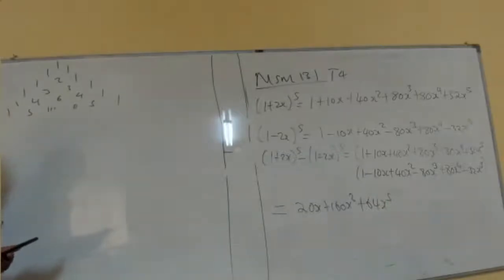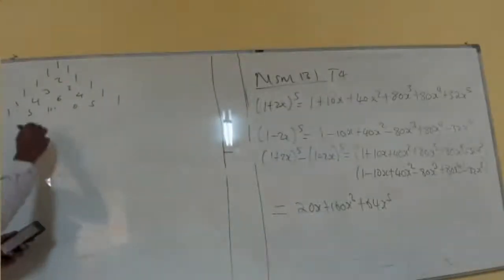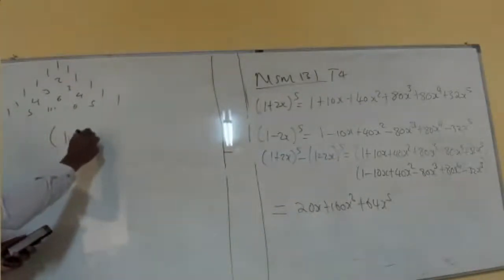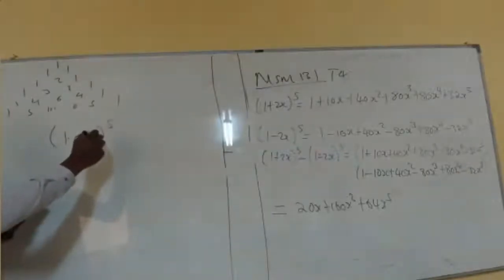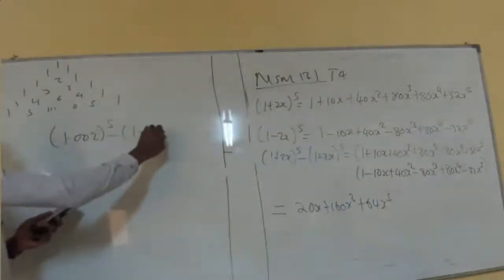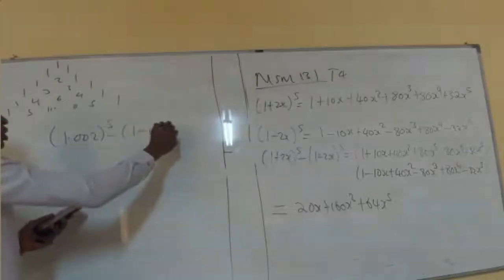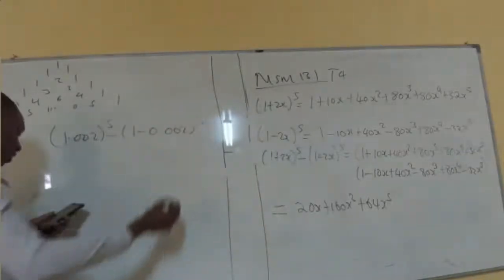Okay, so hence we've been told to find 1.002 to the power 5 minus 0.998 to the power 5, right?